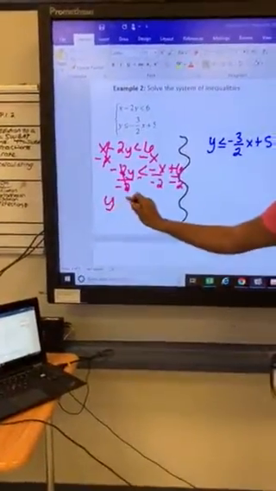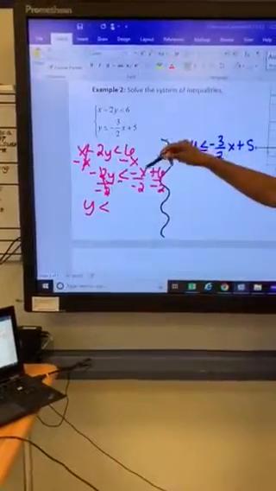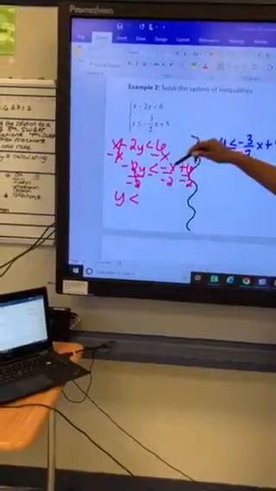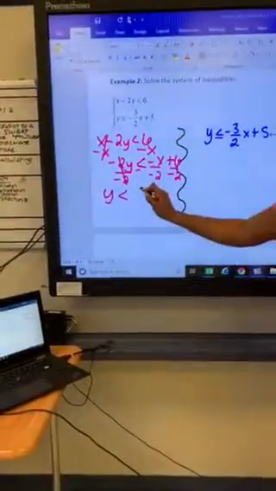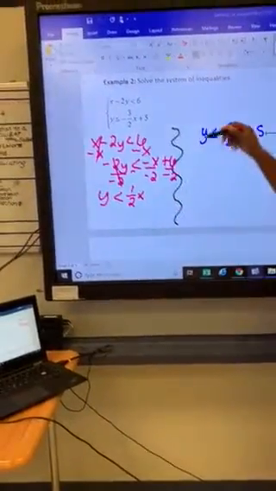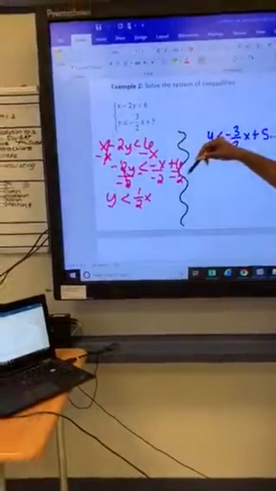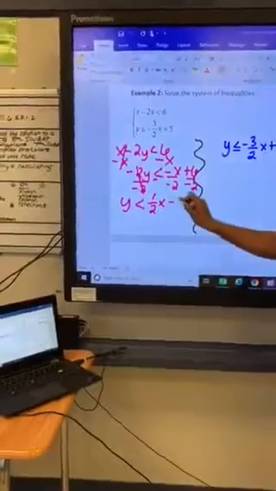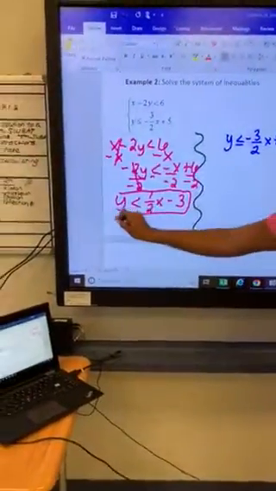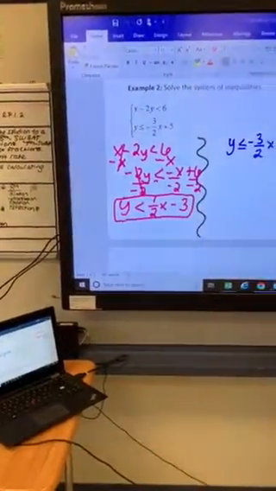So y less than, here it's going to be a positive, and negative with a negative makes a positive. And remember, there's an invisible 1 in front of the x. So really, it's 1/2 x, and then I have a positive 6 divided by a negative 2, which makes a negative 3. So this is the inequality that I am going to use when I am graphing.